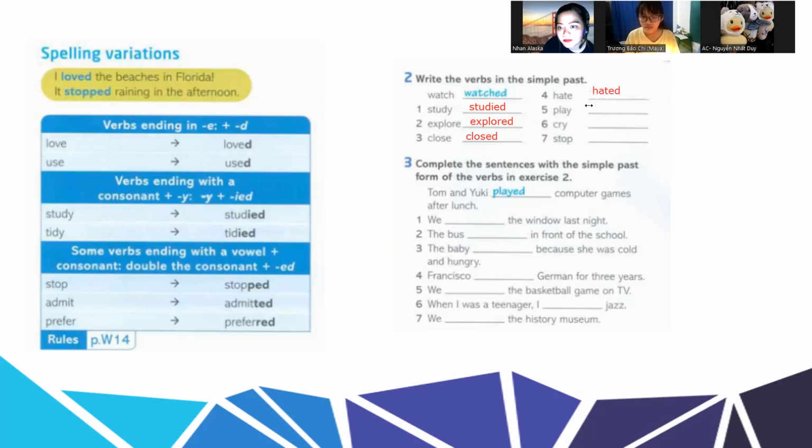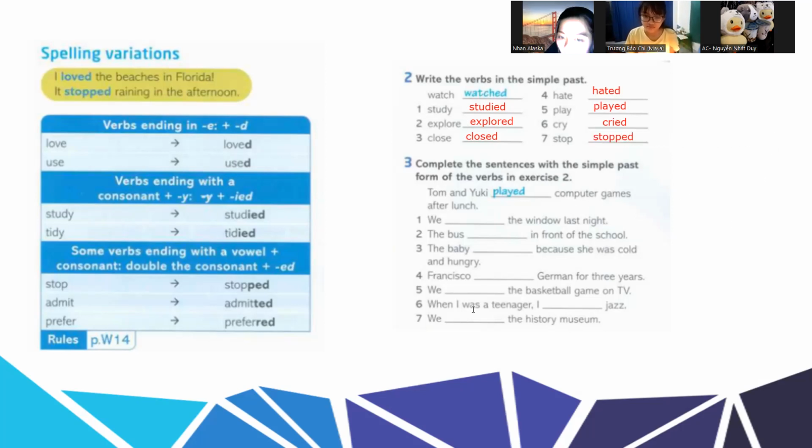Number 5? Play, add ed. Okay. Number 6? Right, Y to I and add ed. Number 7? Stop, double the consonant.